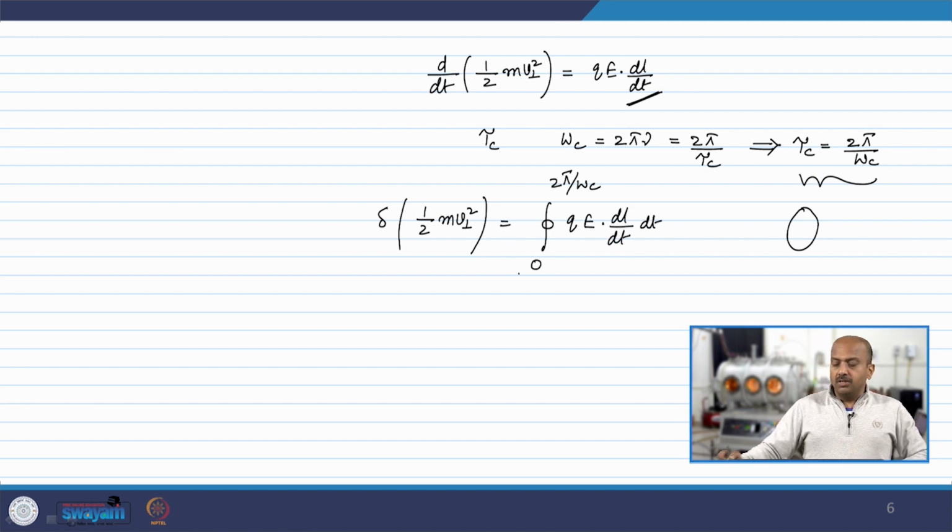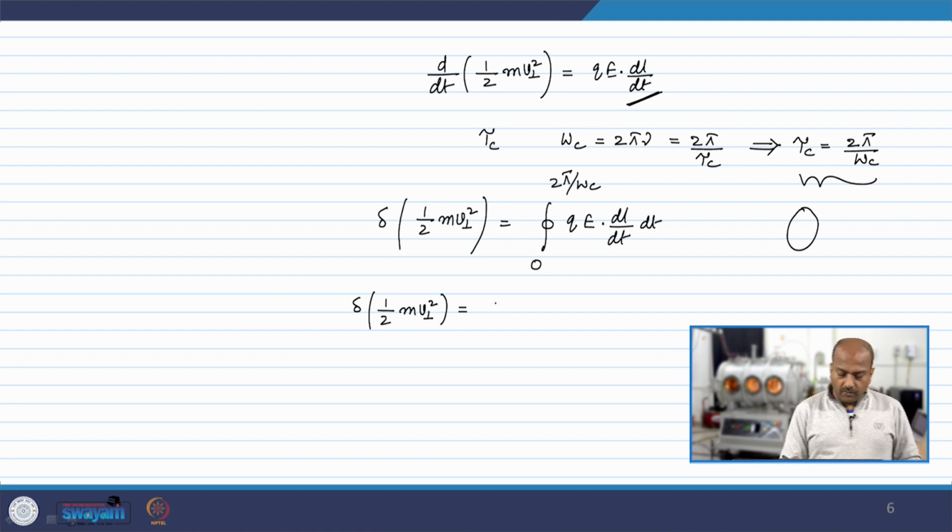So, you see the limits of the integral represent the amount of time that it takes for the particle to complete one orbit, and within this one orbit we know how much distance it travels, right. That is represented by small l. You can use simple vector algebra.